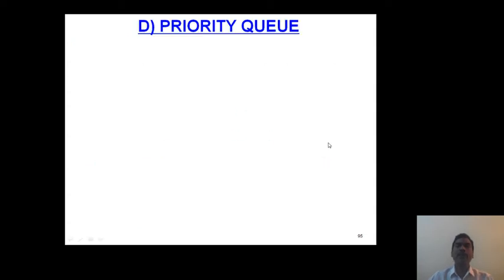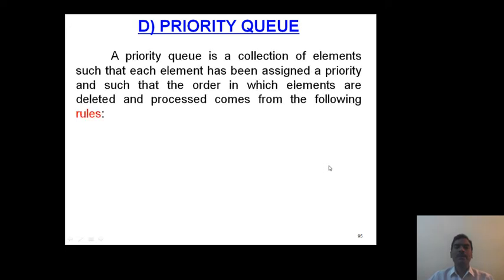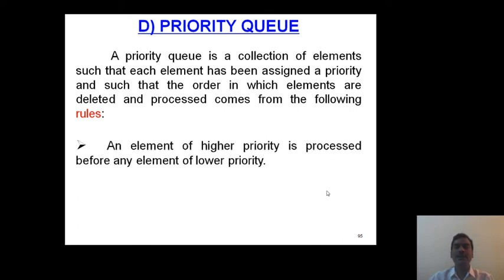Next type of queue, priority queue. A priority queue is a collection of elements in which every element has been assigned a priority such that the entire processing depends on the priority of the elements. There are two priority rules. First, an element of higher priority is processed before an element of lower priority.